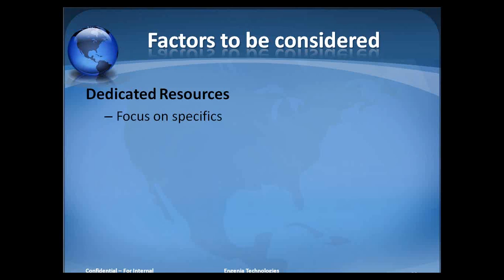The next point is dedicated resources. This is a very important factor wherein we have to dedicate the resources, by which I mean that a dedicated automation team is needed for effective test automation.